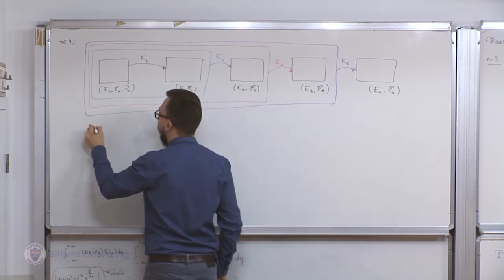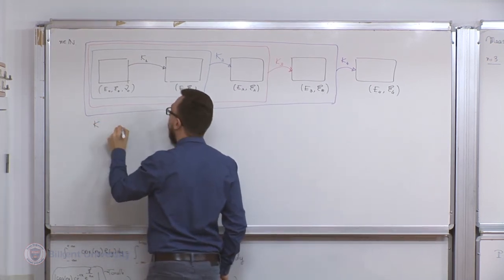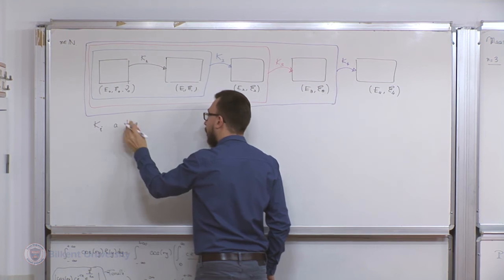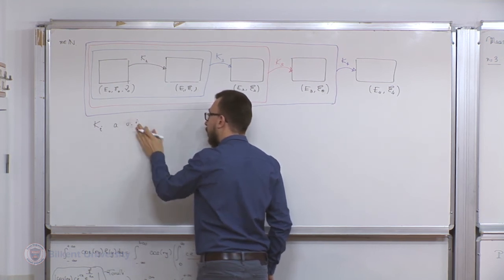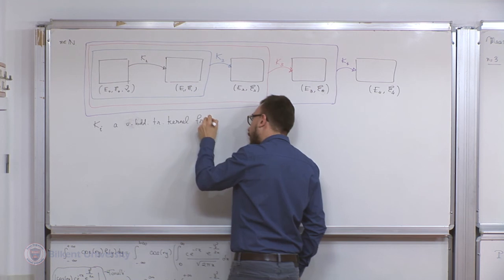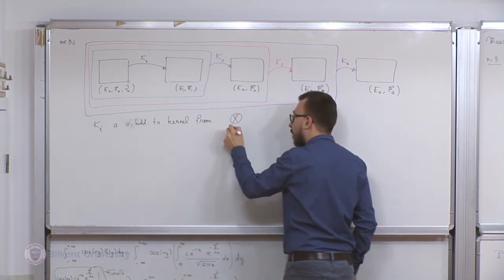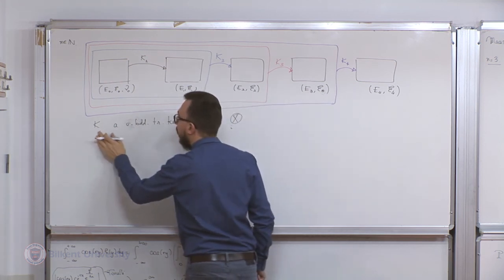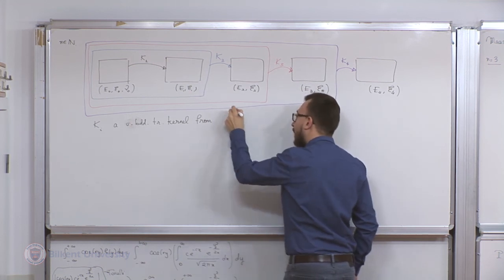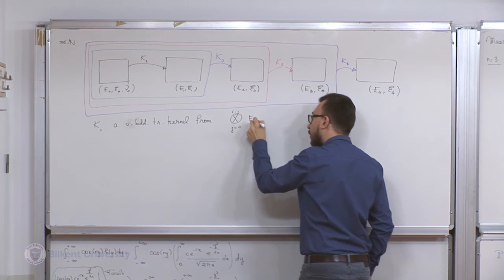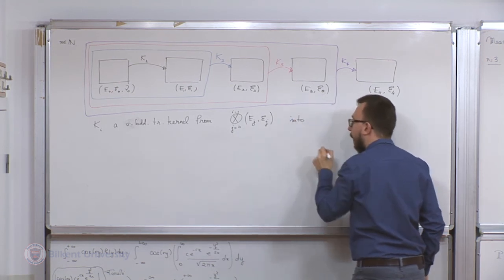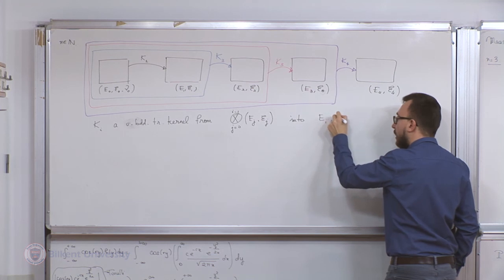So we have Ki, which is a transition, a sigma-bounded transition kernel from the product of these first i minus 1 spaces into Ei, script Ei.